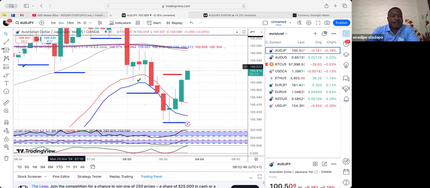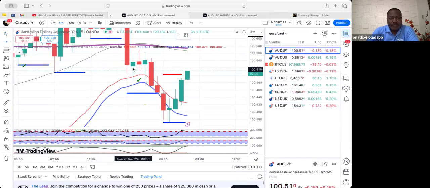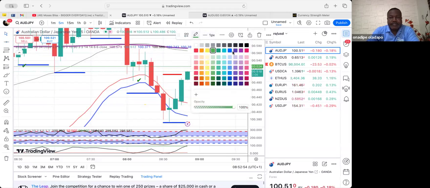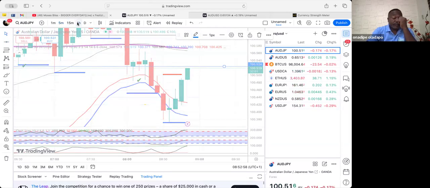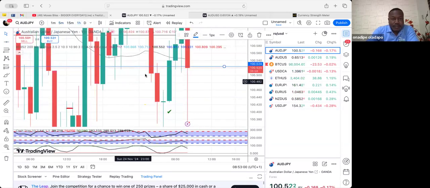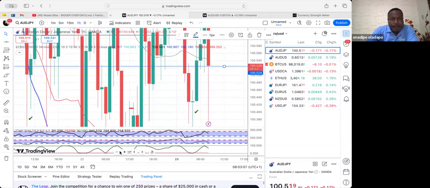For this one, where it's going looks a good area, which is here. AJ is already going to a possible area.